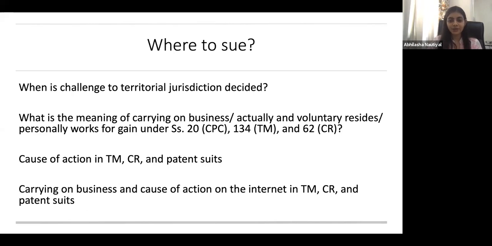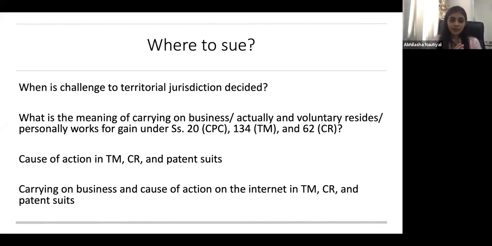So in a copyright or trademark dispute, there's an additional forum, which is where the plaintiff resides, carries on business, or voluntarily works for gain. That is why there's a lot of litigation in trademark and copyright cases on the question of jurisdiction itself.